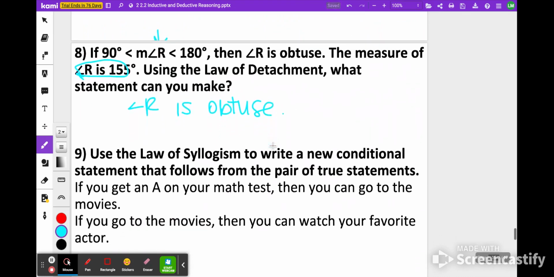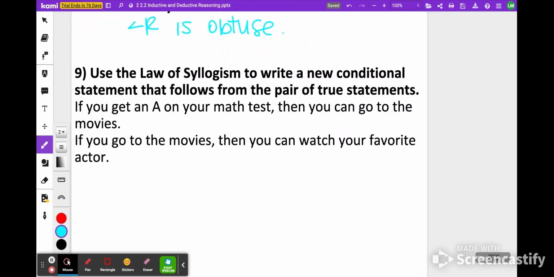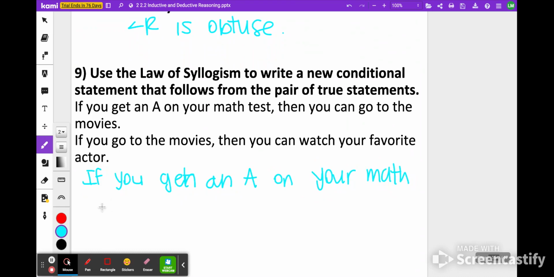Okay. Using the law of syllogism, here is where we're going to connect from the very beginning of our statement, the hypothesis, all the way down to our conclusion that follows the pair of true statements. If you get an A on your math test, then you can go to the movies. If you go to the movies, then you can watch your favorite actor. So the law of syllogism would state, if you get an A on your math test, okay, that's your first hypothesis.